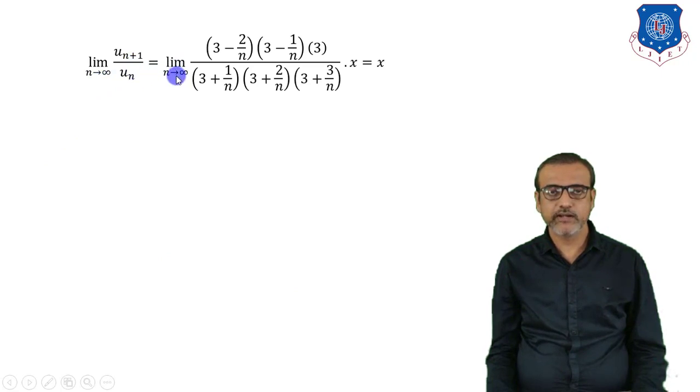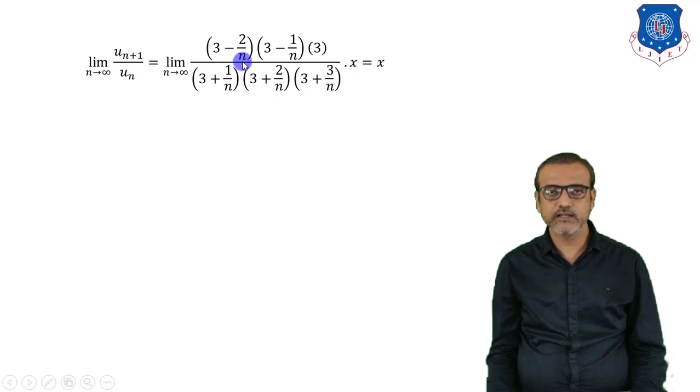As n tends to infinity, 1 upon n tends to 0, so each of these terms, 2 upon n and 3 upon n as well, will become 0.